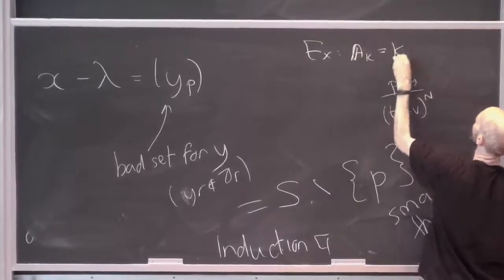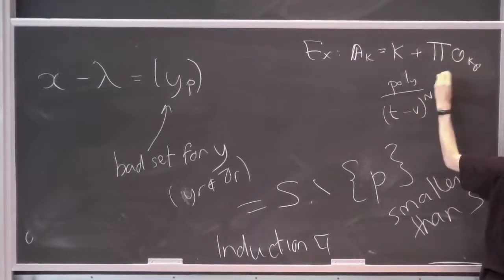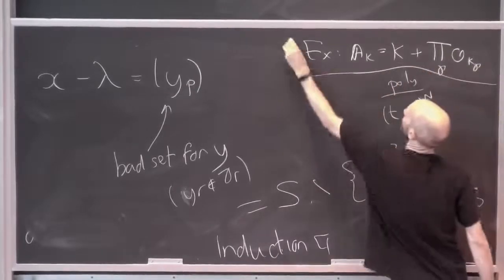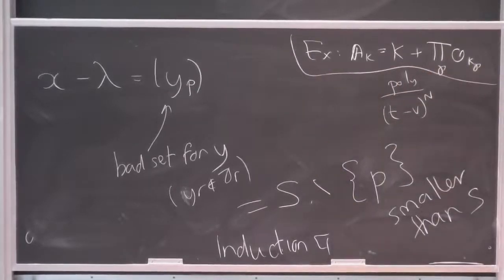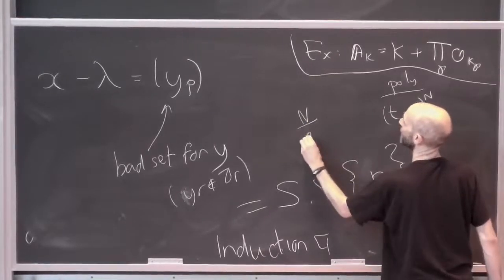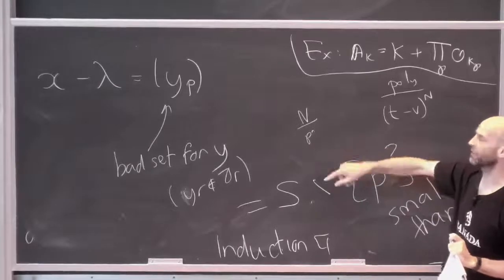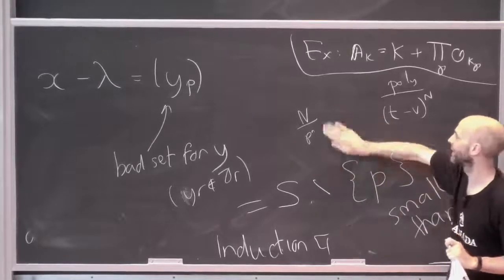A_K is K plus the product of O_K,P. That's, again, a challenging exercise for people that want to understand the adeles properly, because if P is a non-principal prime, you have to think a little bit more carefully. You can't do n divided by p to the n, but when you think about it, p to the n, if you know class groups are finite, maybe I could fix it with something. You have to think.